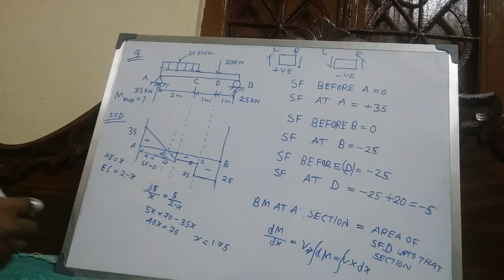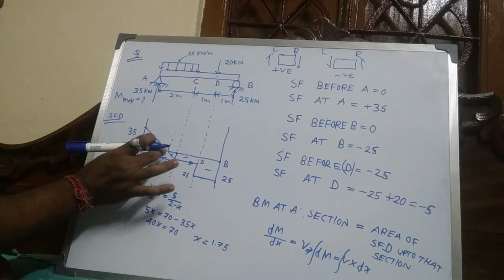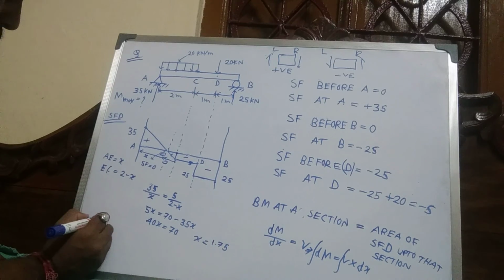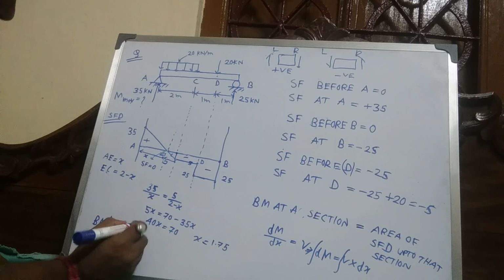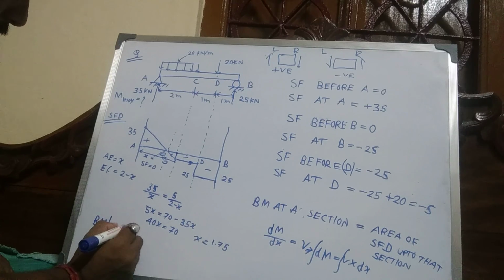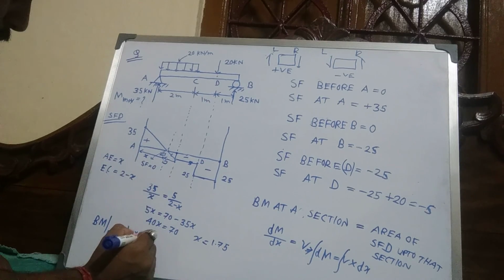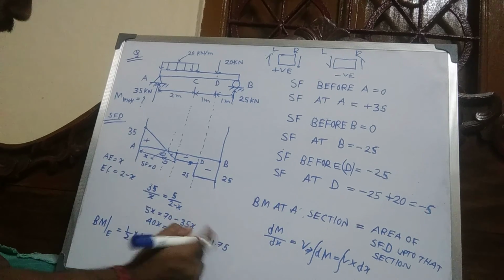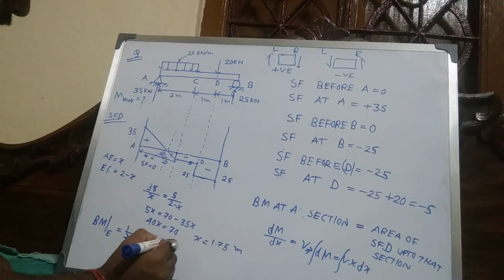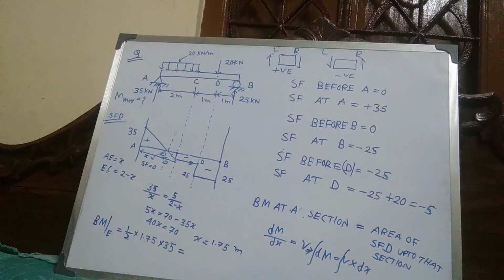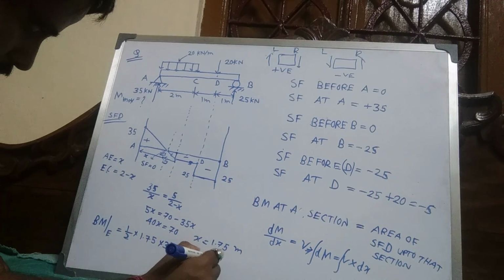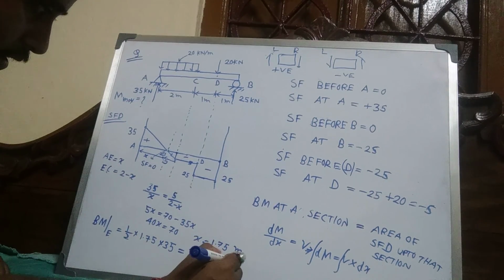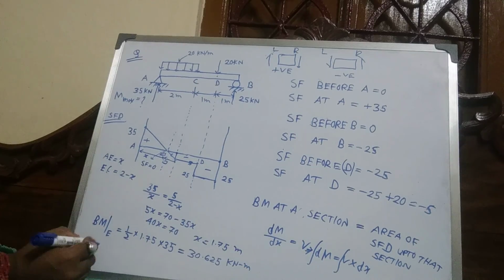So bending moment up to point E is half into base 1.75 meter into height 35, a triangle shape. The value is 30.625 kilonewton meter.